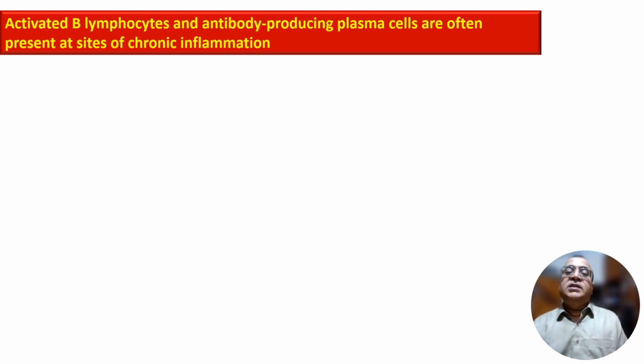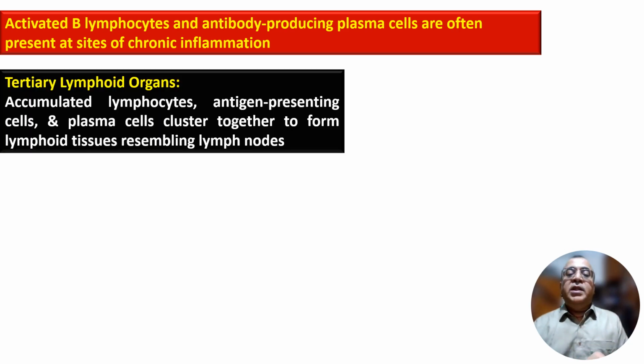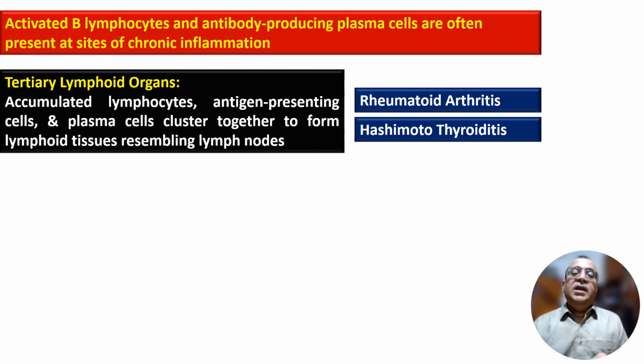Their role in chronic inflammation is due to their presence at the sites of persistent inflammation. They contribute to autoimmune and chronic inflammatory disease also, and they target persistent pathogen if there is any pathogen lying persistently, or may target self antigen.